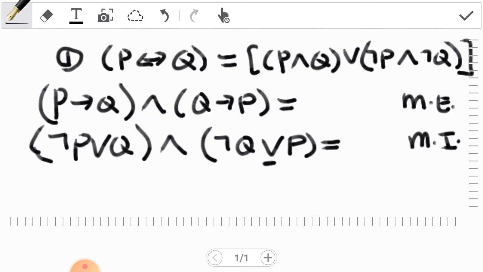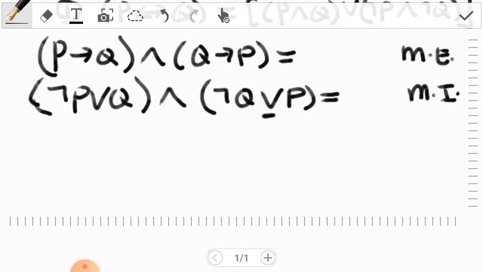So maybe what we can do is to distribute each element here with the entire proposition here. So what rule is that? The distributivity rule.